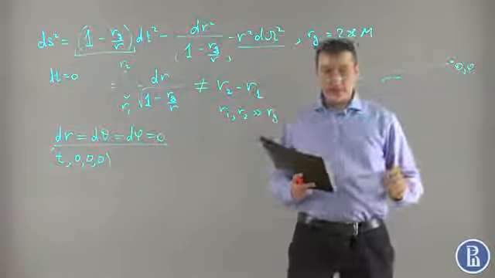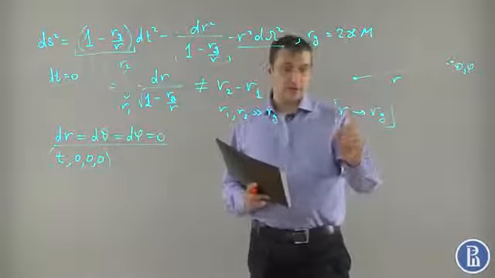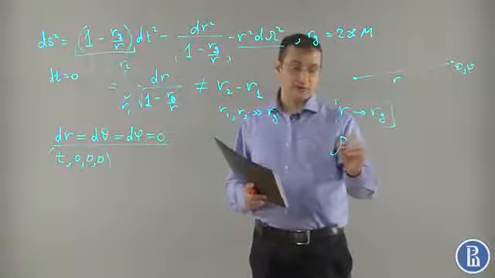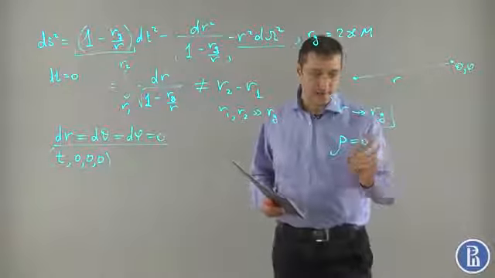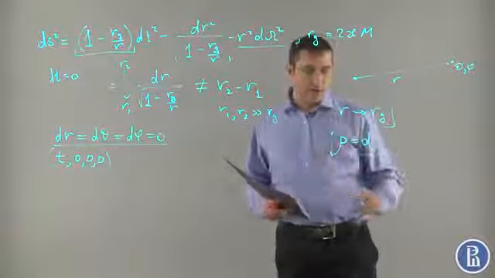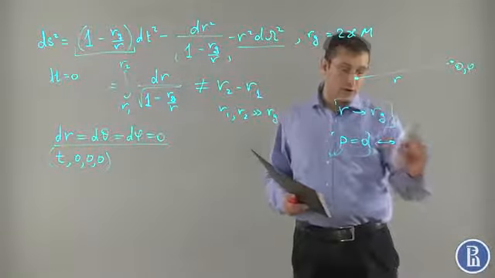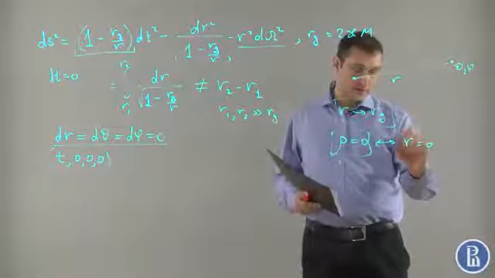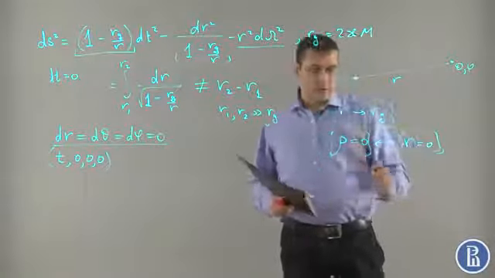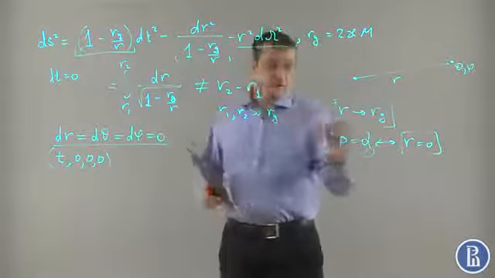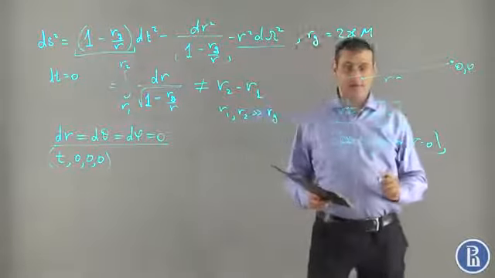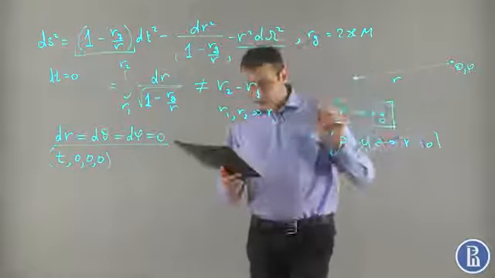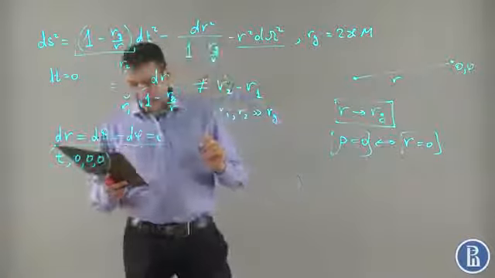This singularity is very similar to the one we encountered in the first lecture for the Rindler metric, where there was a singularity at rho equals 0, which is similar to the polar coordinate singularity at r equals 0. So this singularity at r equals rg is similar to those, so it's unphysical.